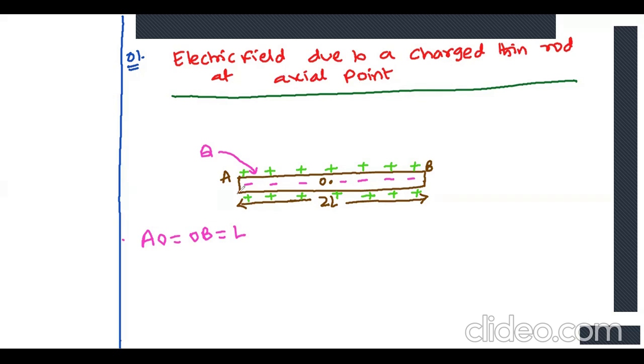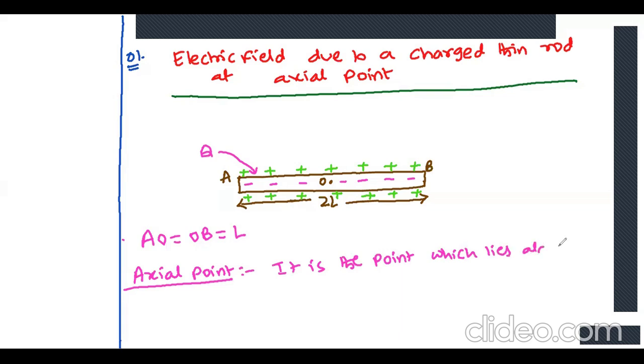Now, axial point. Axial point means it is a point which lies along the line joining the center of the conductor.